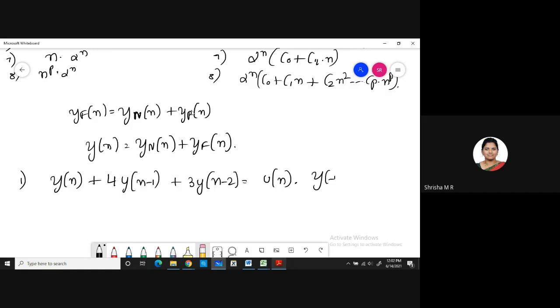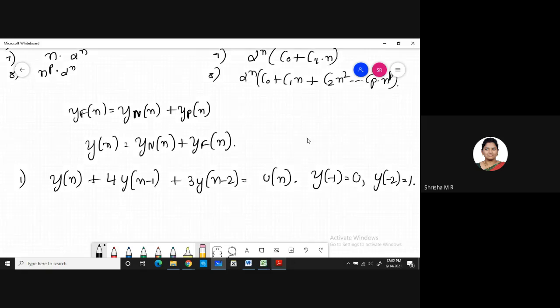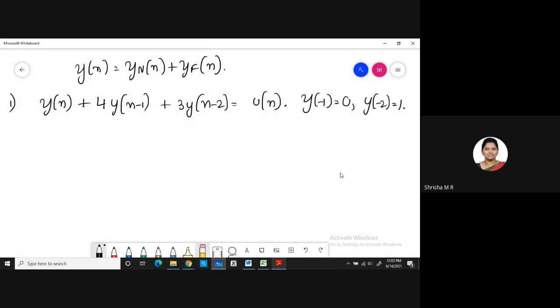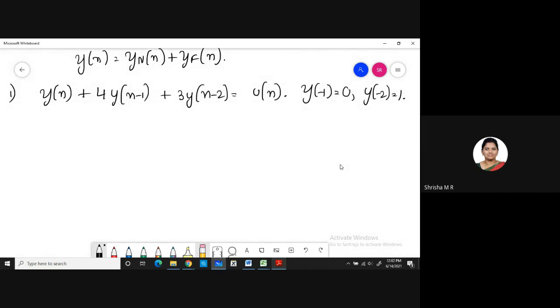This is the given difference equation with initial conditions y of minus 1 is equal to 0 and y of minus 2 is equal to 1. Everything is the same as the differential equation, just with t replaced by n.